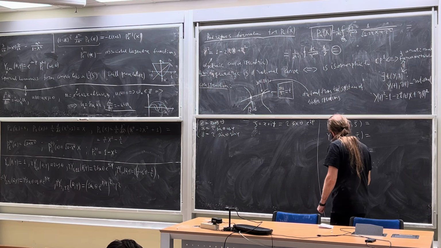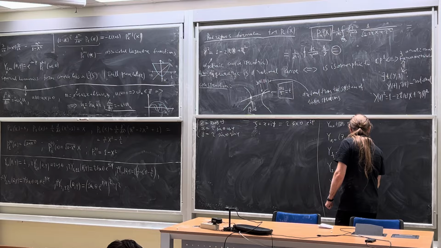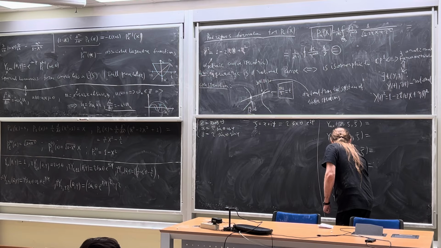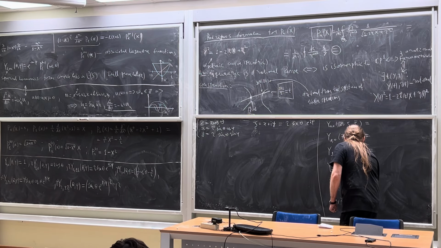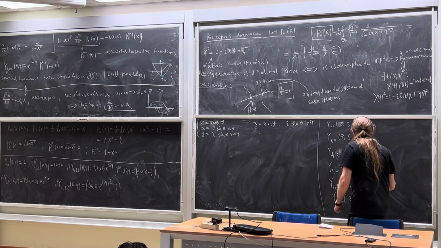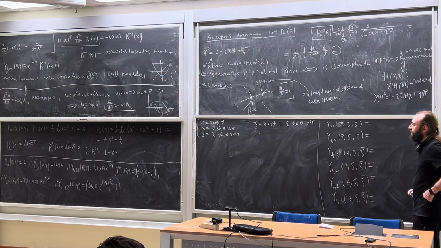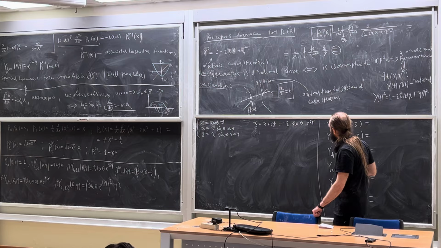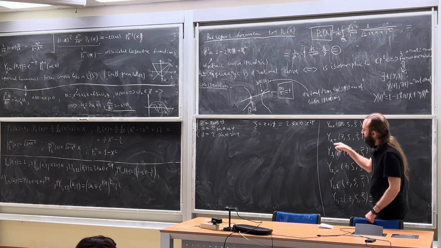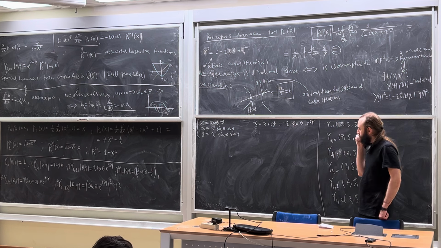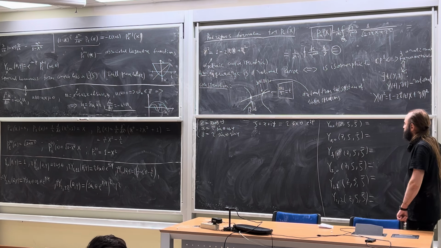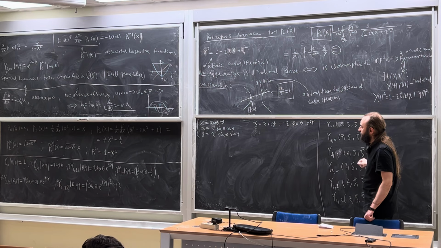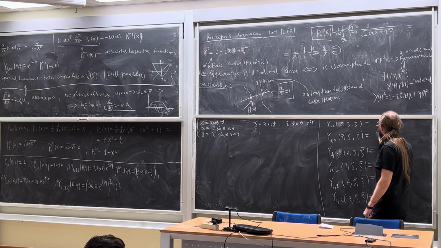So let me write for Y2 1, 1, 1. It should be more or less straightforward if you look at the expressions.